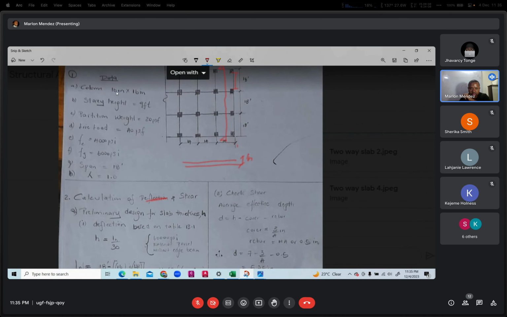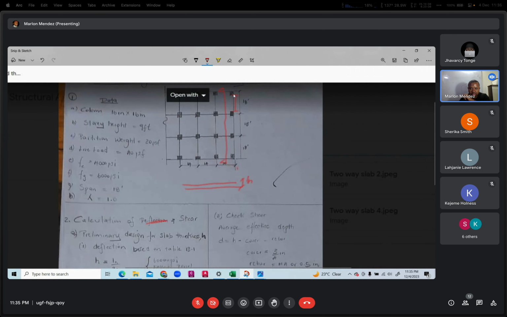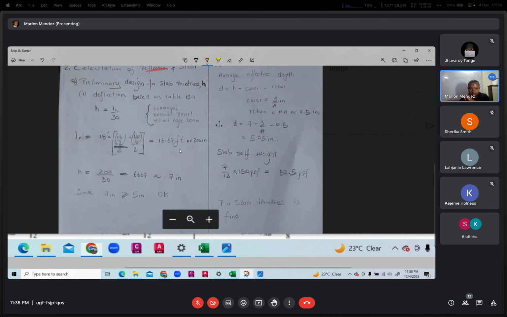The column was 16 by 16, so we take 16 by 16 on either side, because we're trying to find the clear span. So we actually get 16 feet.